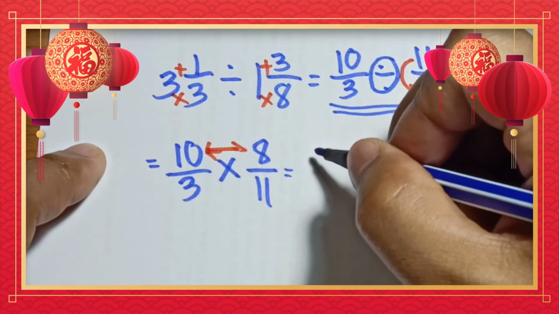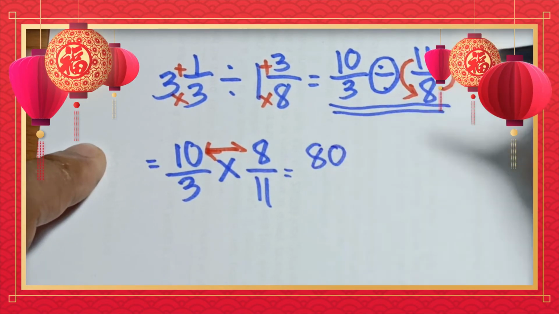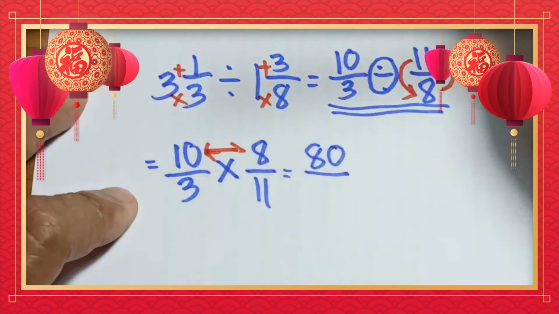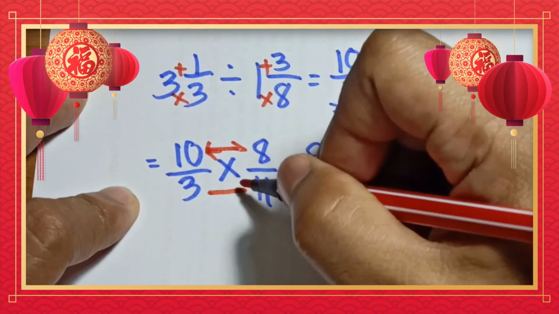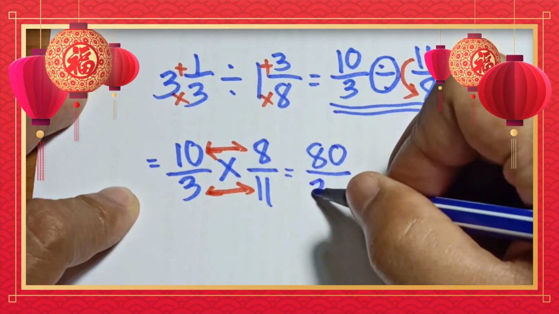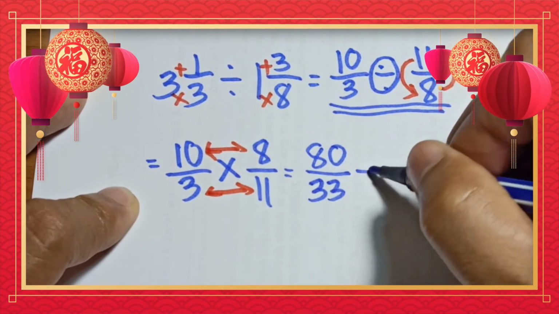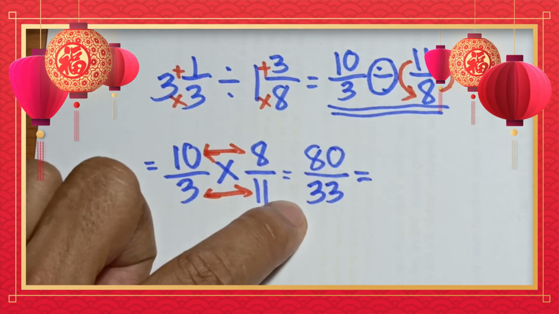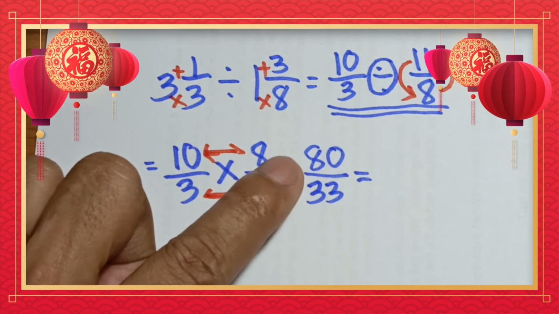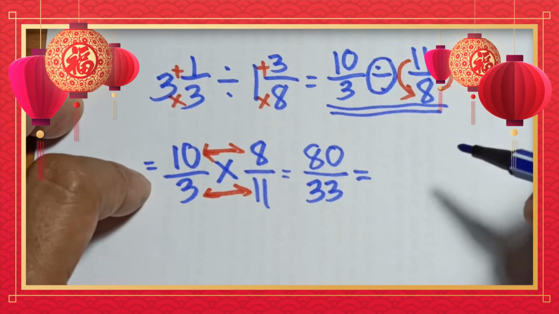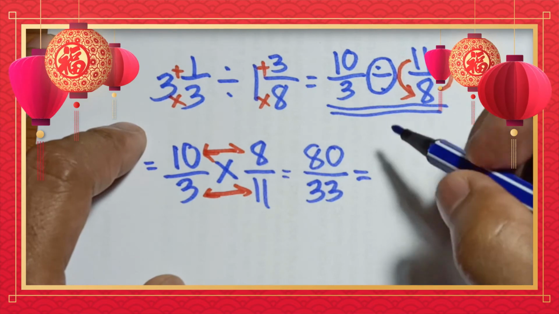So 10 times 8 is equal to 80, over 3 times 11, which is 33. So the question now is, how many 33 can you make from 80?